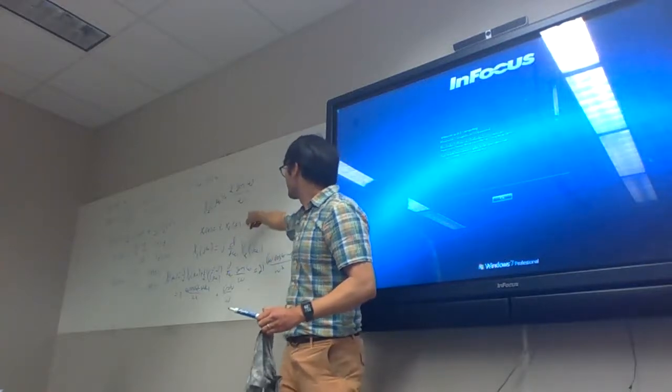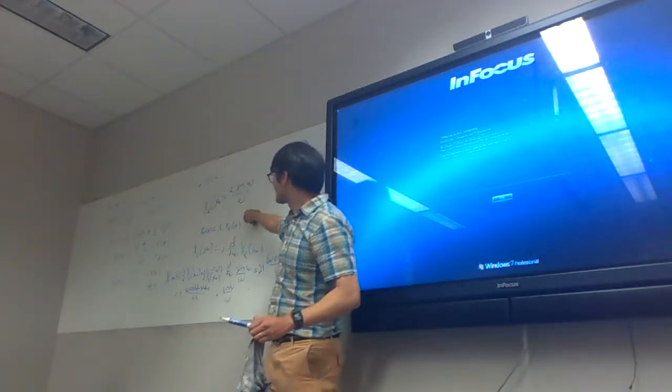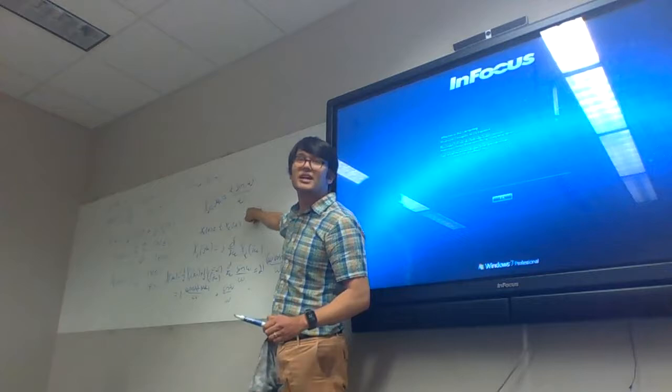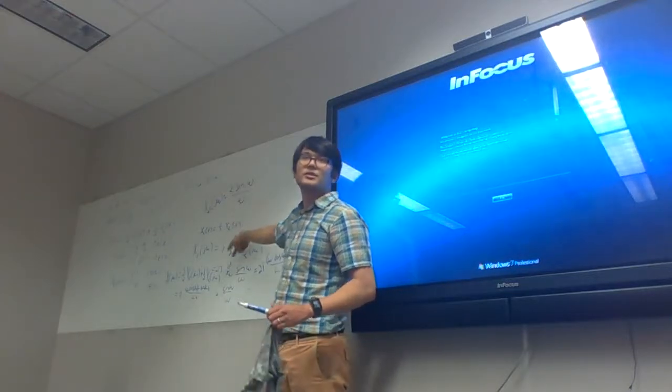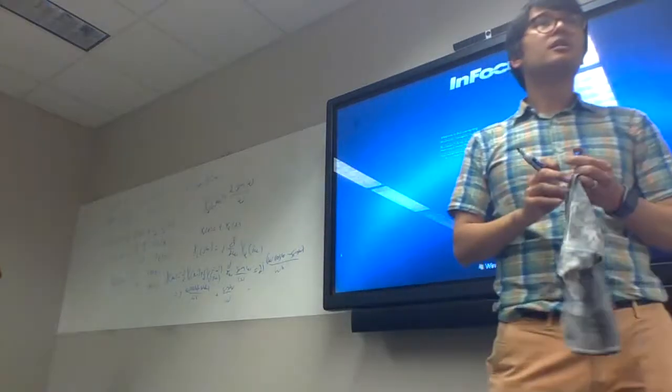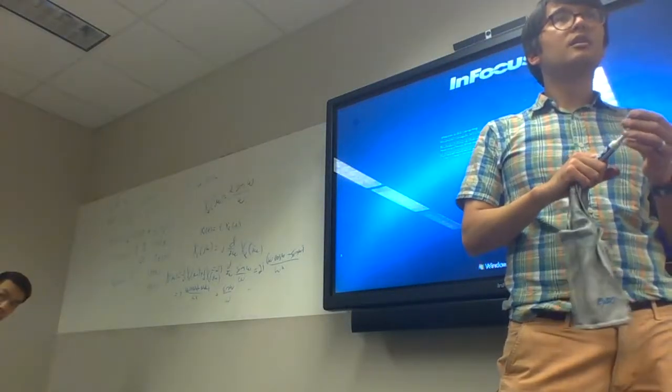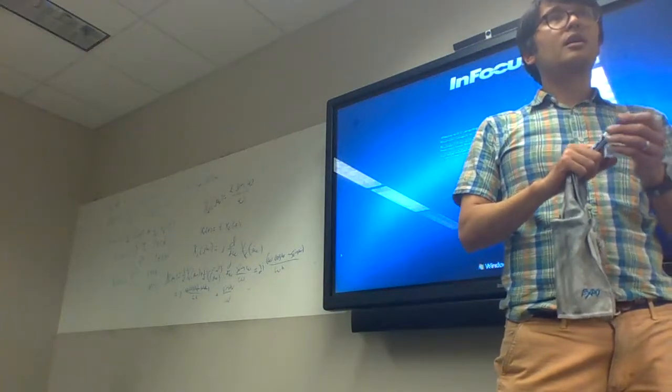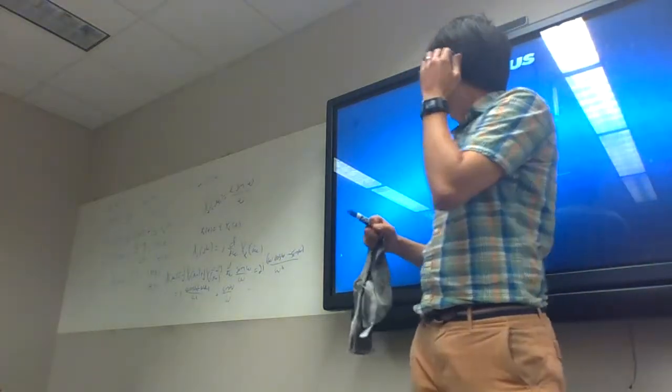And that's from the rule relating t times something to j omega times the frequency derivative. Yes? What if the t was less than or equal to 2 as opposed to 1?